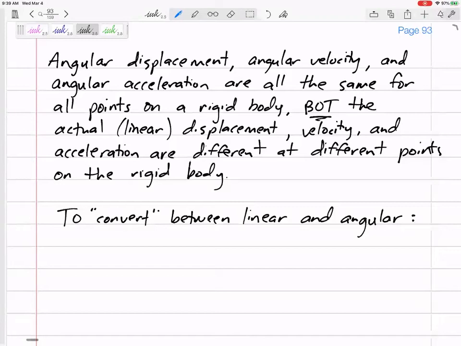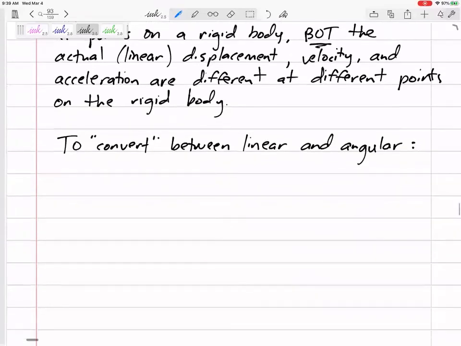You'd be going faster the further you get away, and also have more acceleration. So I think this makes sense. We already know this one, that s equals r theta. So the distance that you travel would be equal to r times the angle that you rotate.